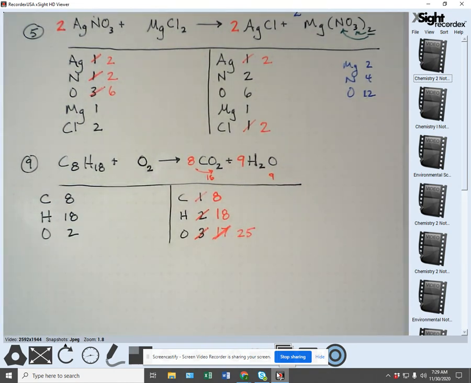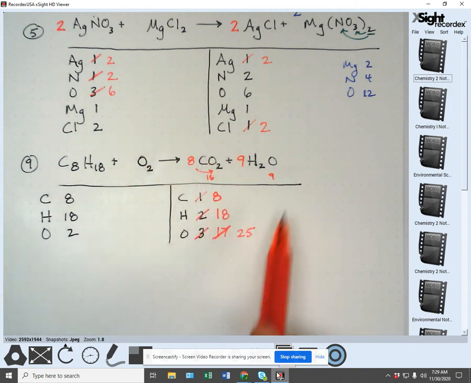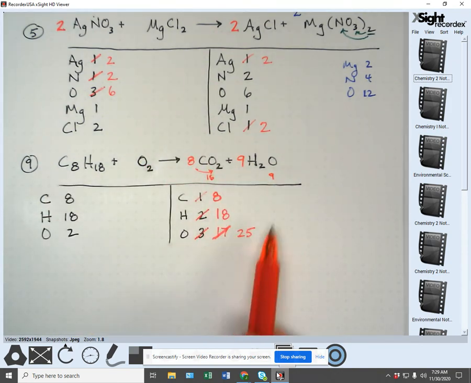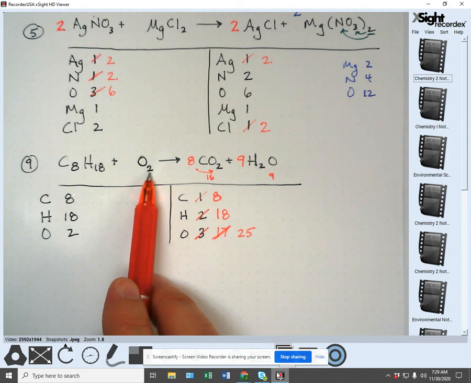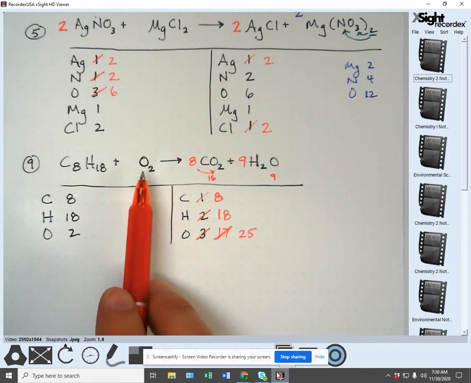All right, now I specifically showed you this one because there's a little trick that you can do because my carbons are balanced, my hydrogens are balanced, my oxygens are not. I need 25 oxygens over here. But I can't do that because I've got to multiply whatever coefficient I put in front of oxygen times 2.